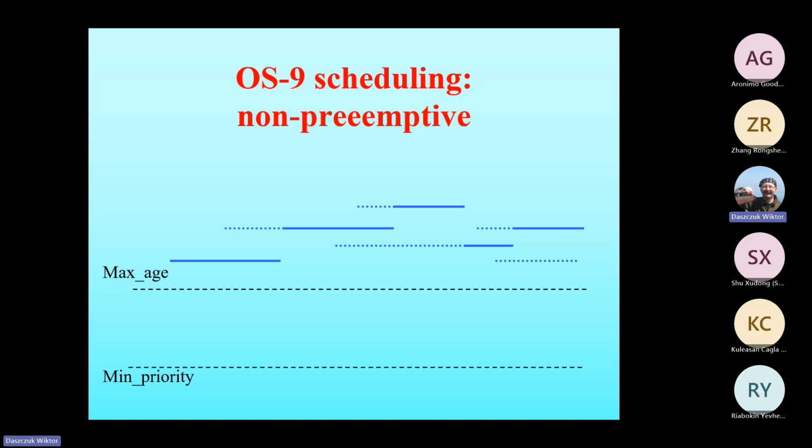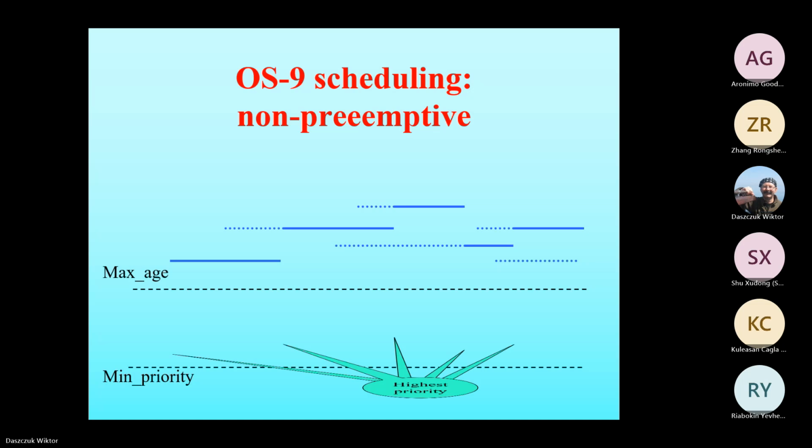A process with higher priority than the current process occurs somehow. It is a new process or it is woken up by an event, but it does not get the processor, despite the fact that it has the highest priority at the moment.